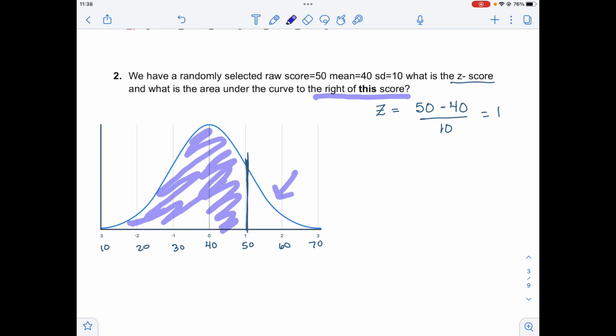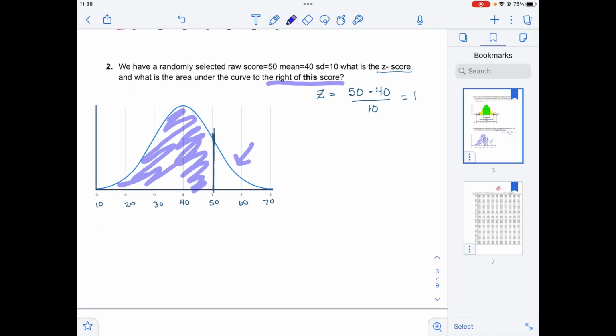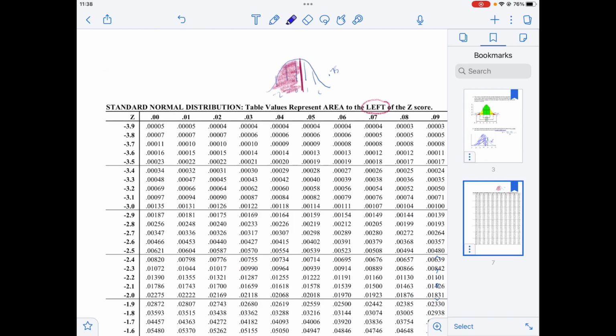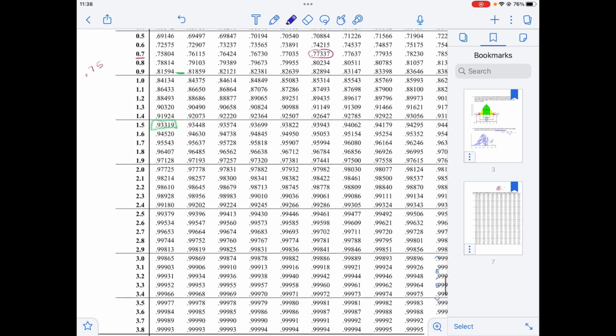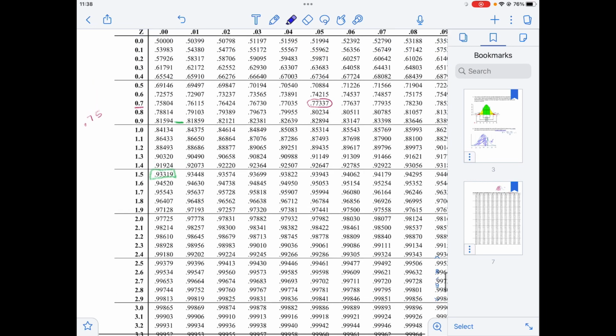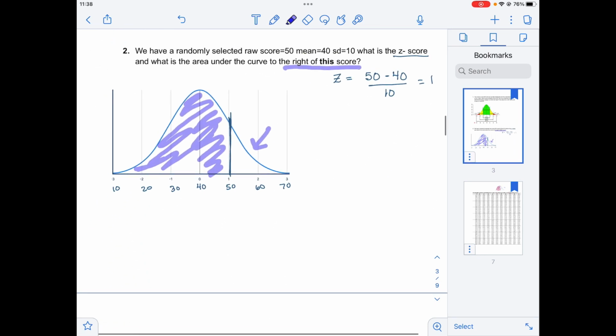So let's go to our table, and we're looking for just 1. We see that just a 1 right here gives us 0.84134.